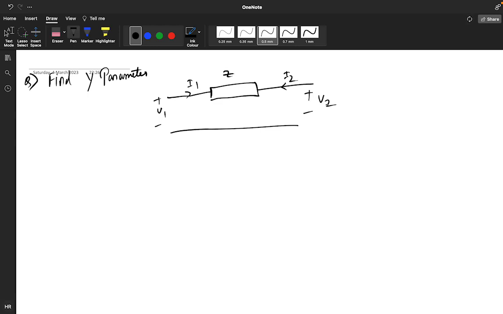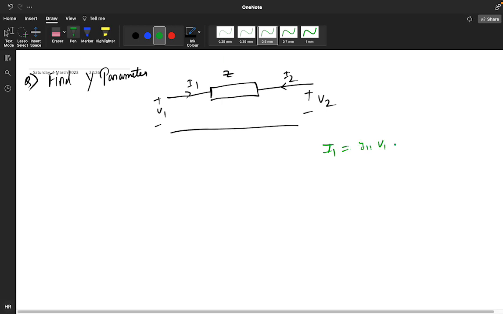So what are the general equations of a y parameter? Vaishnavi, what is the general equation of a y parameter? I1 equals y11 v1 plus y12 v2. I2 equals y21 v1 plus y22 v2.